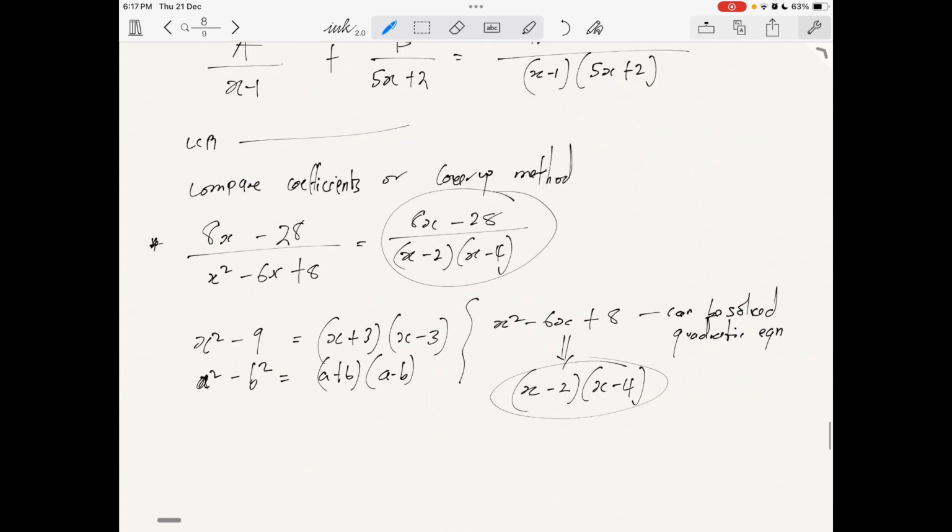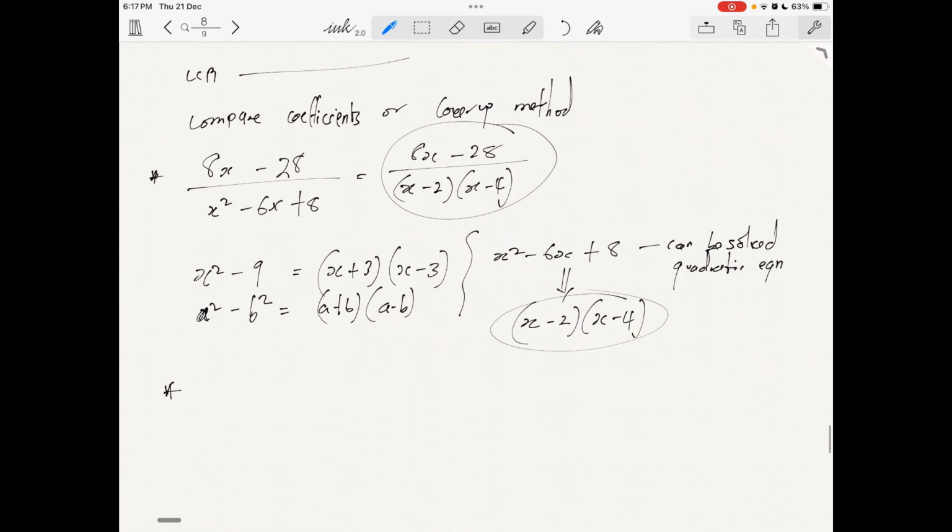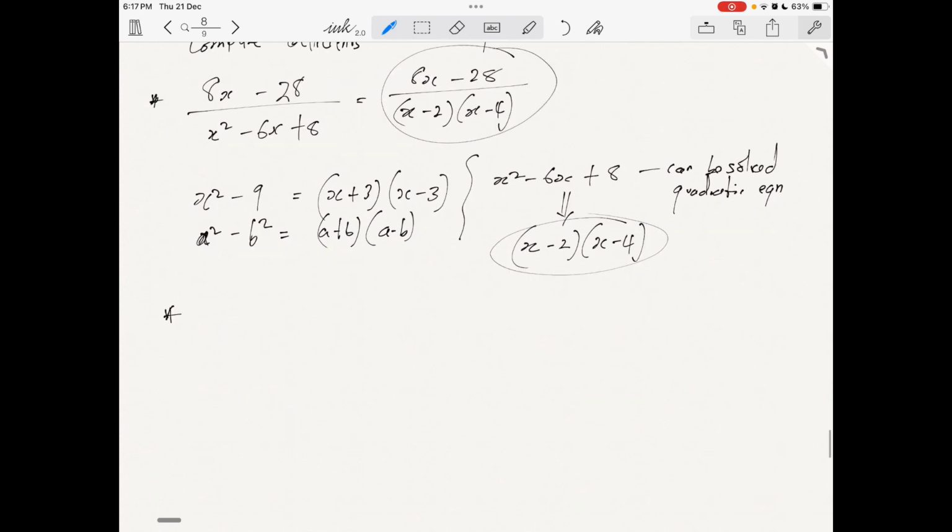Now what if we have something like this? Let's say we were given 2x squared plus 18x plus 31 divided by x squared plus 5x plus 6. The first question we ask is, the denominator, is it linear or non-linear? It's non-linear because of the power of 2.